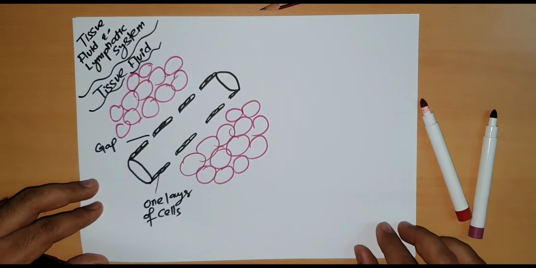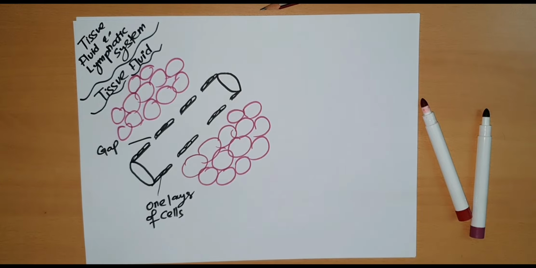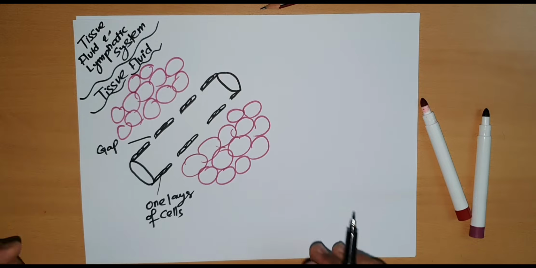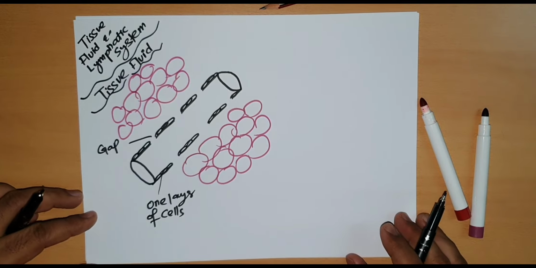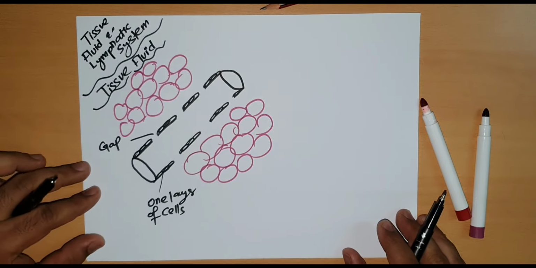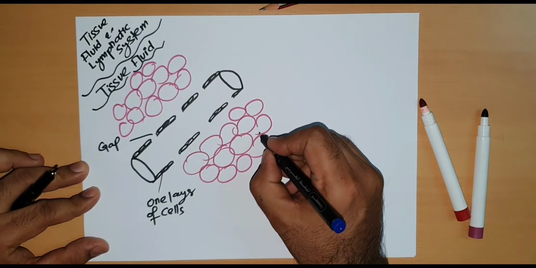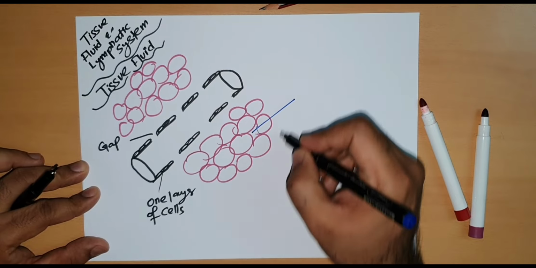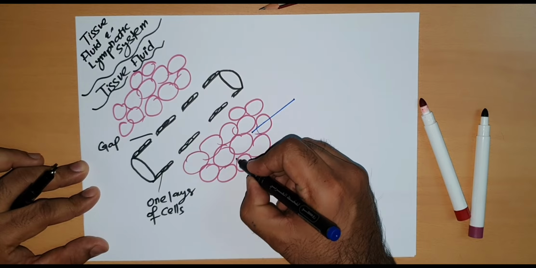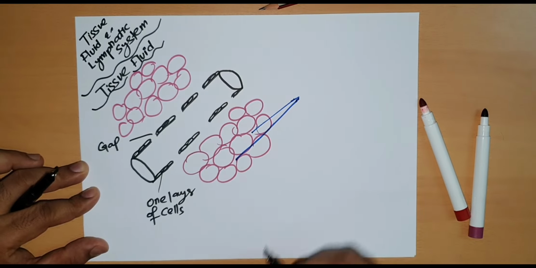Now all of you know that the same kind of cells, when they join together, make up a tissue. One very important thing which we have not discussed before, which I'm going to discuss right now, is that there are gaps in between the tissue cells. If this is a cell, there's a gap in between this cell, and there is a gap in between this cell as well.